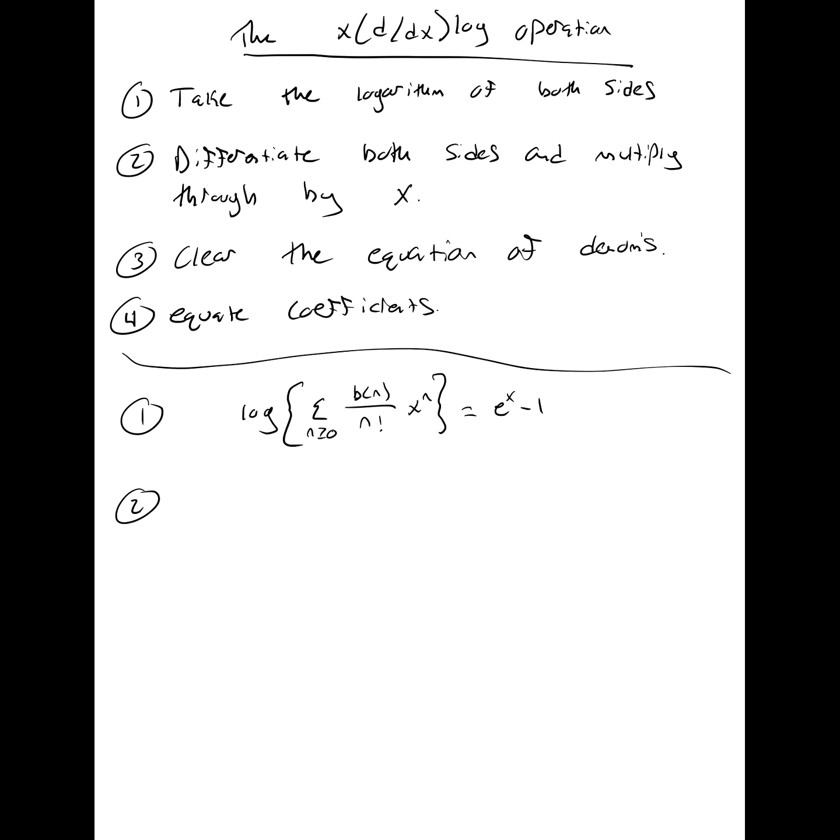Now what do we want to do? The second step says differentiate both sides. If we differentiate the natural log, in the denominator we get exactly what's on the inside. We're using the chain rule here to actually differentiate this. Nice calculus exercise.